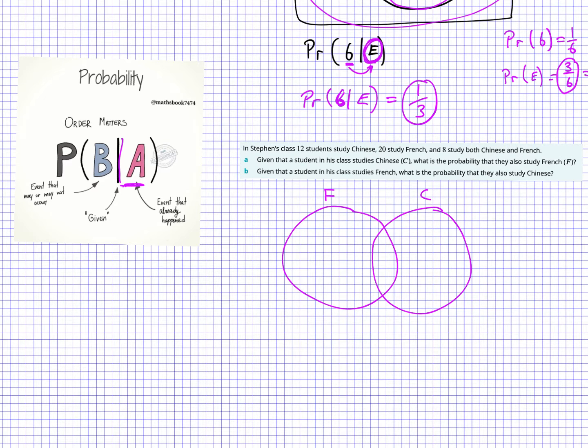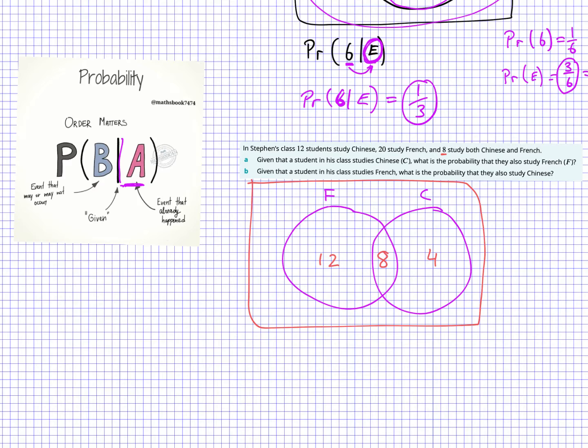Okay, so we're interested in both first because that's the intersection. 12 in the Chinese circle, which means there's 4 there, and 20 in the French circle, which means there's 12 there. Okay, now the total sample space is the leftovers. Doesn't tell us what the leftovers are, so we'll just leave it like that.